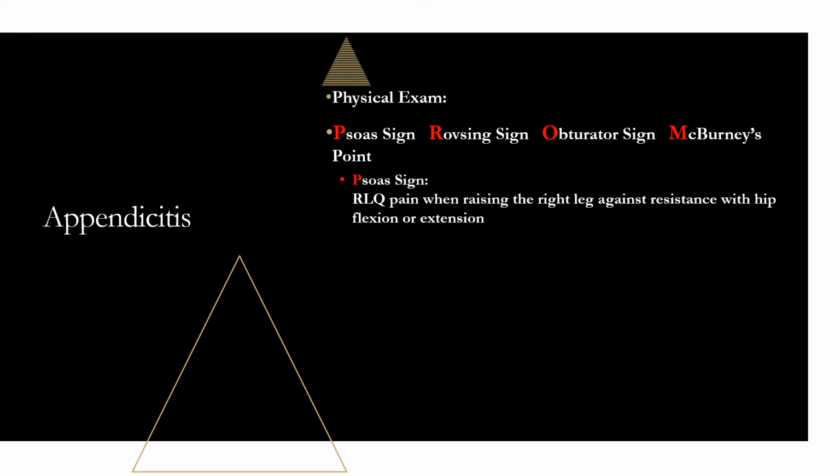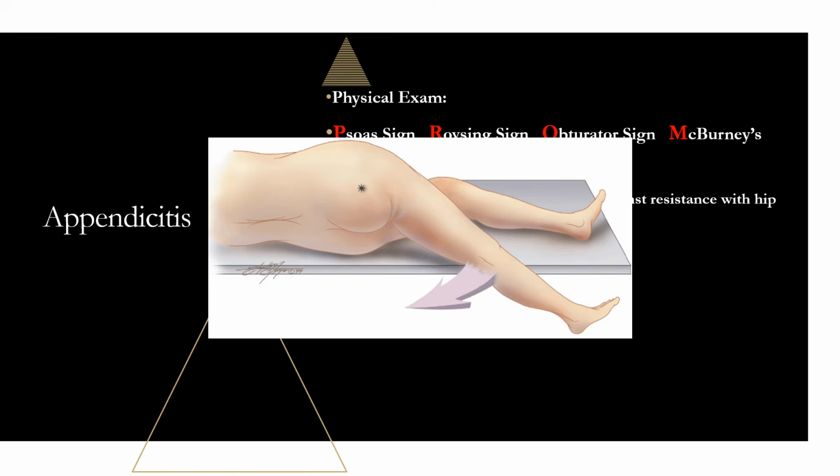The first one is Psoas sign, and that's going to be right lower quadrant pain when raising the right leg against resistance with either hip flexion or extension. You can do this either with the patient lying in the lateral position like this, so you have them flex it against your foot or extend the leg against your hand and then push. And as they push, the psoas muscle, which ends all the way in the abdomen, is actually going to push on the inflamed peritoneum.